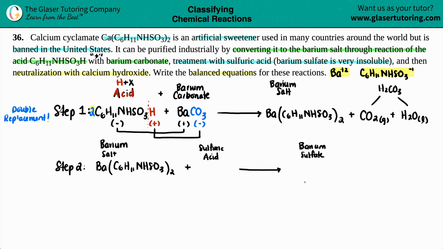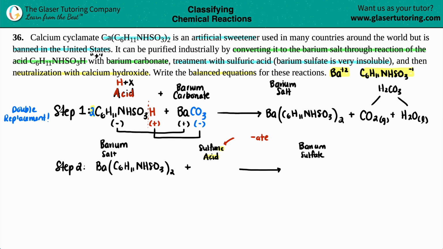Okay. So now we just need to figure out what sulfuric acid is. Well, you could figure this out by knowing that ic acids come from ate polyatomics. So if I am having an ic acid, I ate something icky.